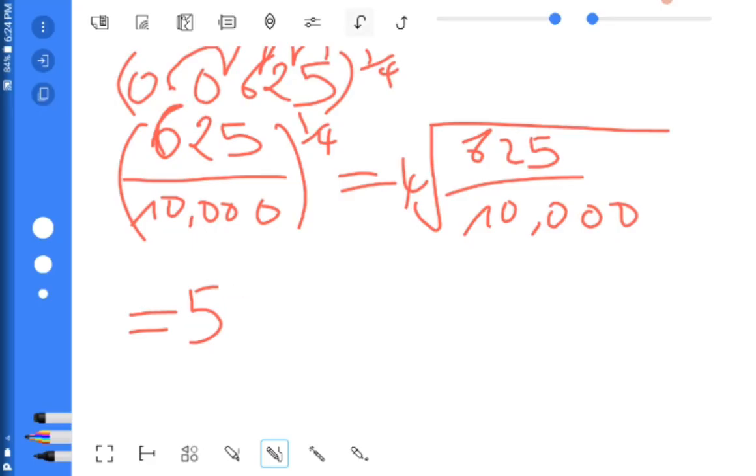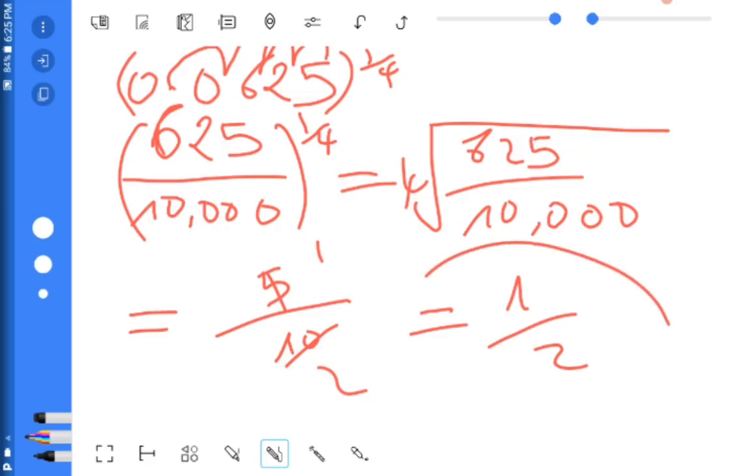Meaning that the fourth root of 625 is 5. And what is the fourth root of 10,000? 10. Now what is 5 over 10? 5 goes into 5 once, and 5 goes into 10 twice. And this becomes your answer. And so work is done.